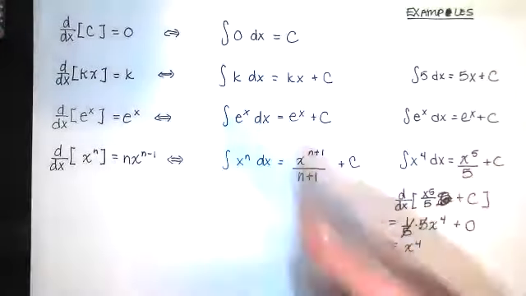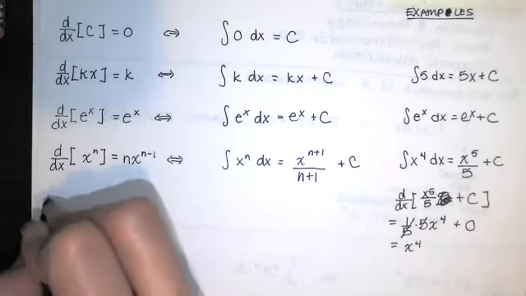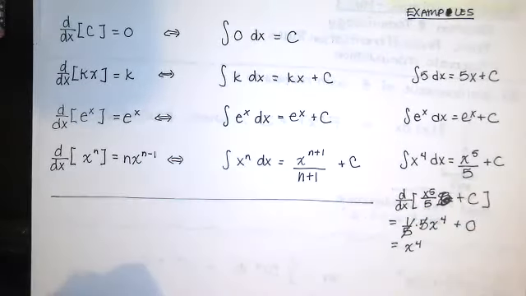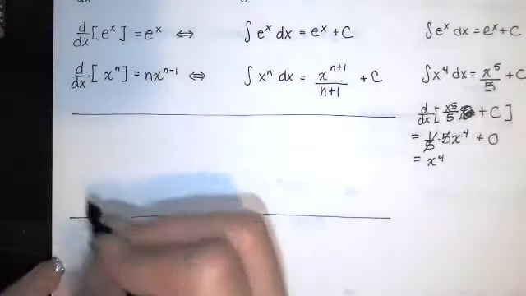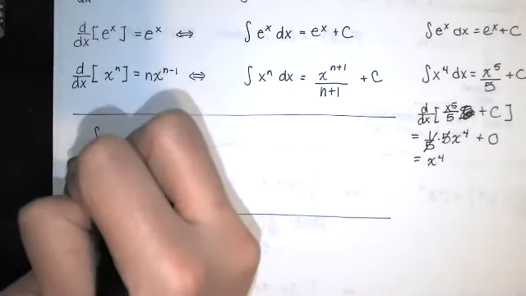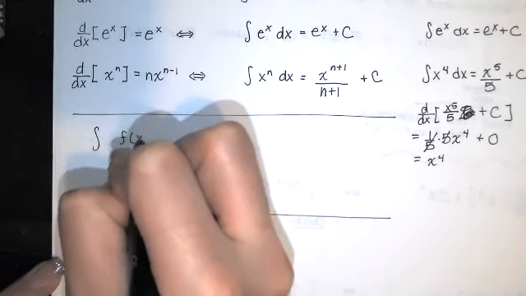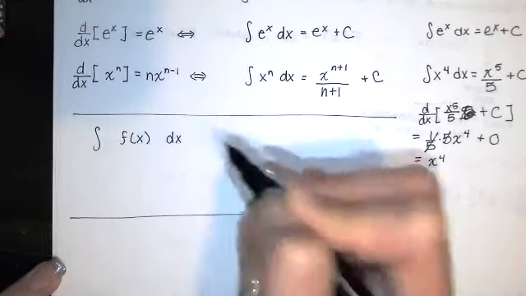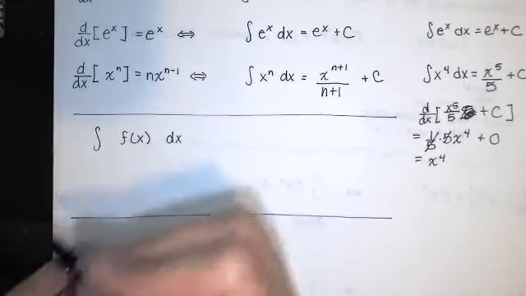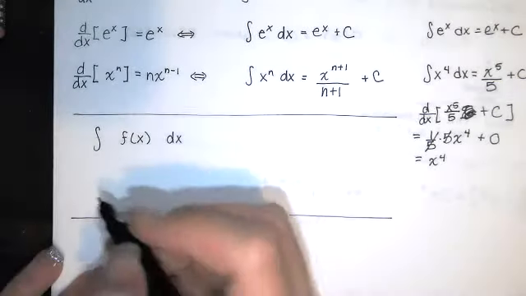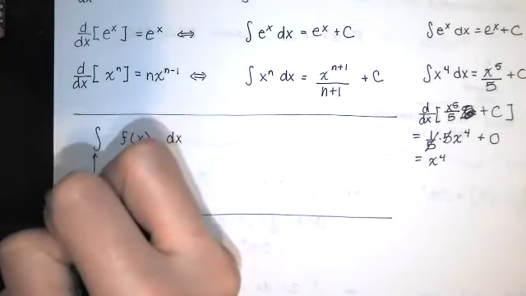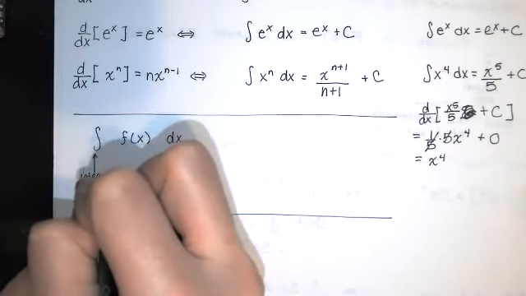Okay, so we've got our rules. Now there was one thing I forgot to mention. This is more terminology. This whole thing represents the antiderivative of f with respect to x. This is called an integral sign.